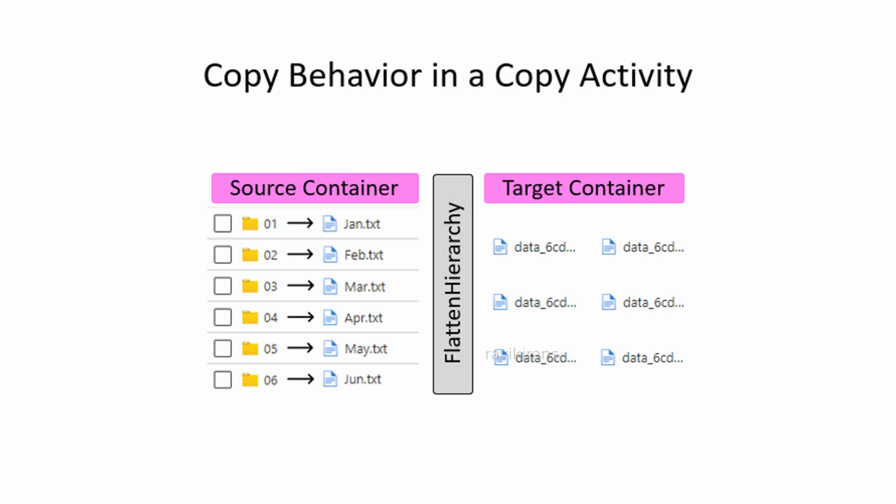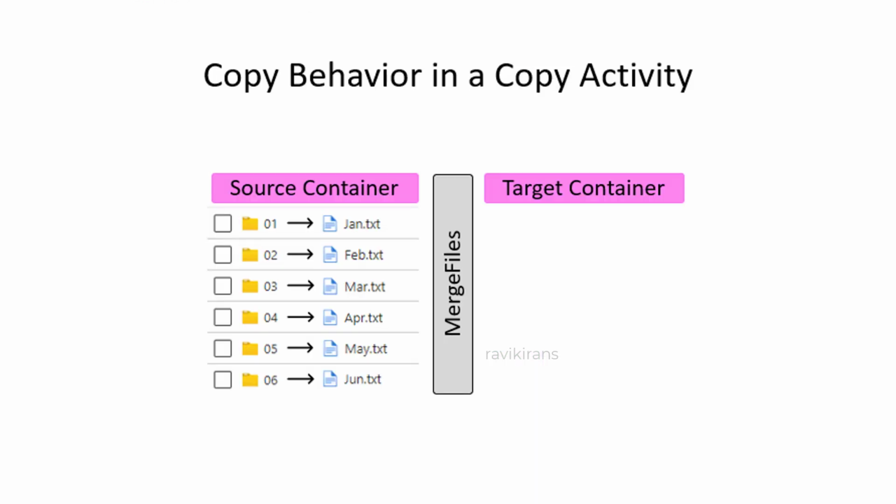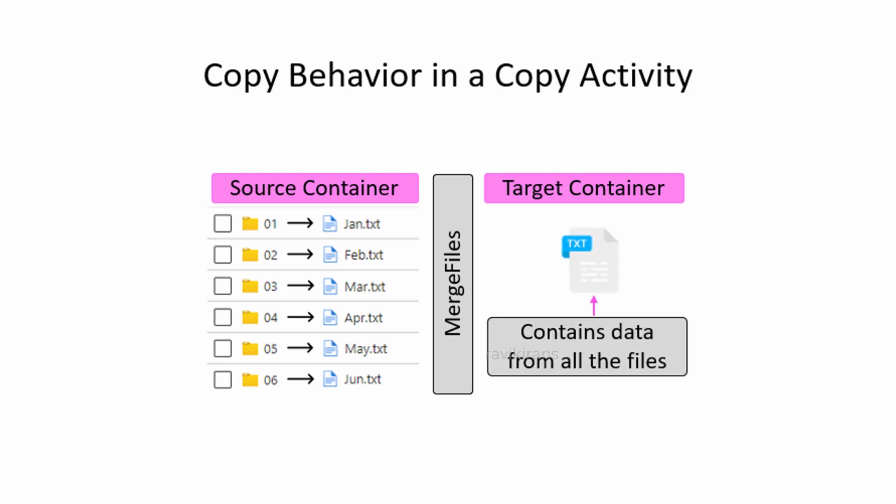Going back to the beginning of this discussion, using a single copy activity with flatten hierarchy copy behavior can also achieve the desired output. But as you can observe, the flatten hierarchy copy behavior will not retain the original names and will have auto-generated names, which we don't require. And the merge files will merge all files from the source container into one single file.